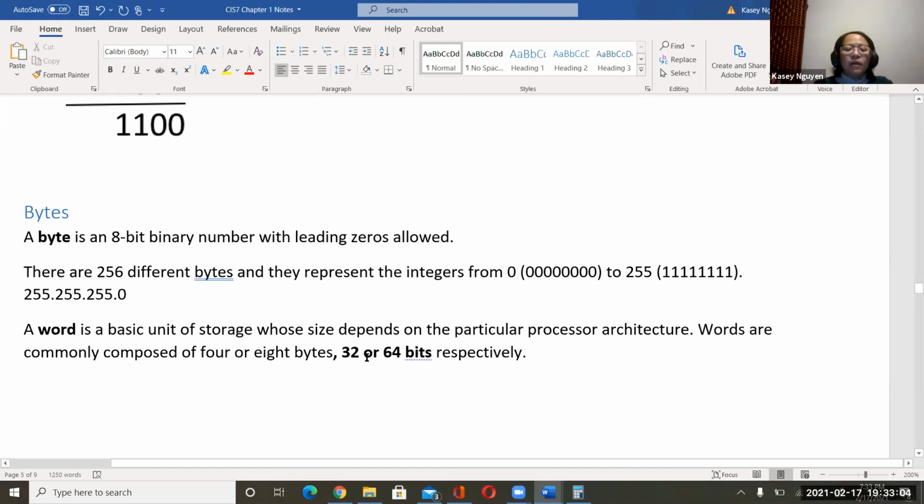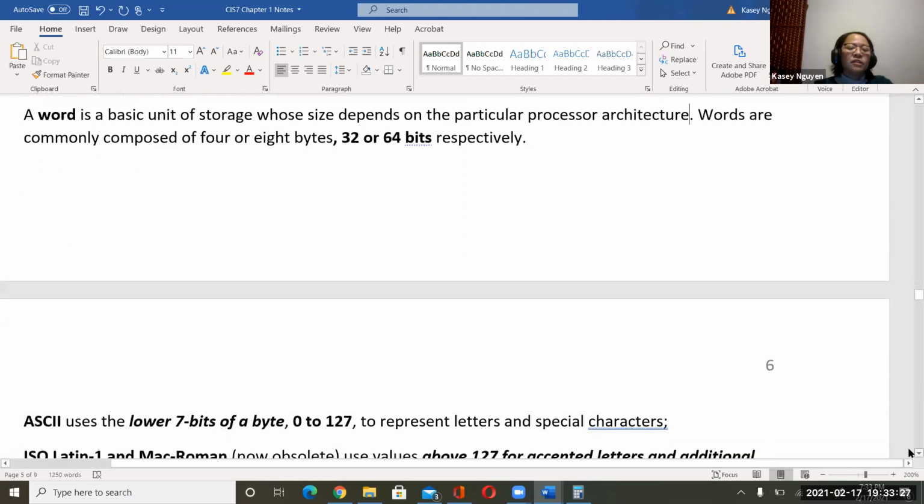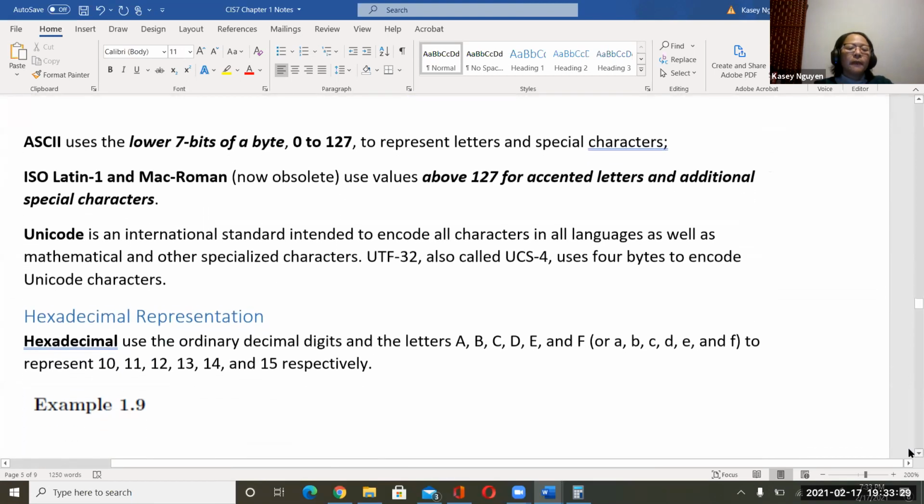Now we have a lot of transitions into 64-bit because our processors are able to utilize 64 bits. Older systems were only able to process smaller word sizes, 8 bits or 16 bits. We were at 16-bit for a while before we transitioned to 32 and so forth.